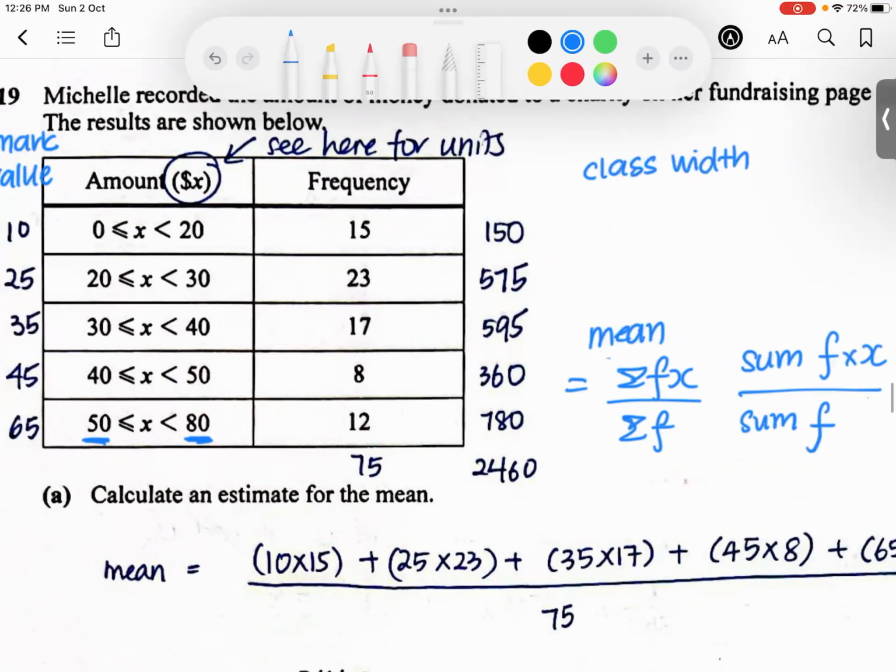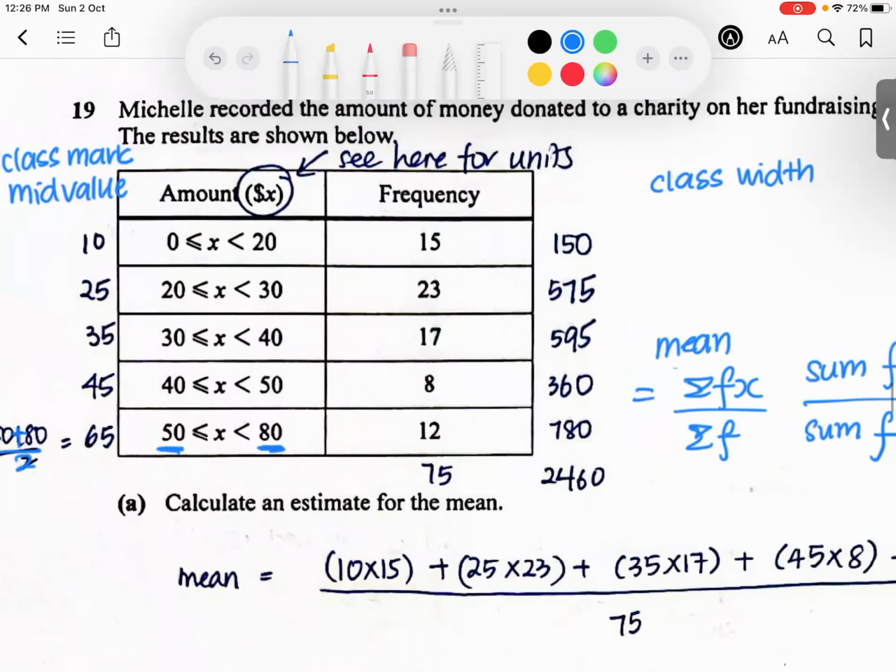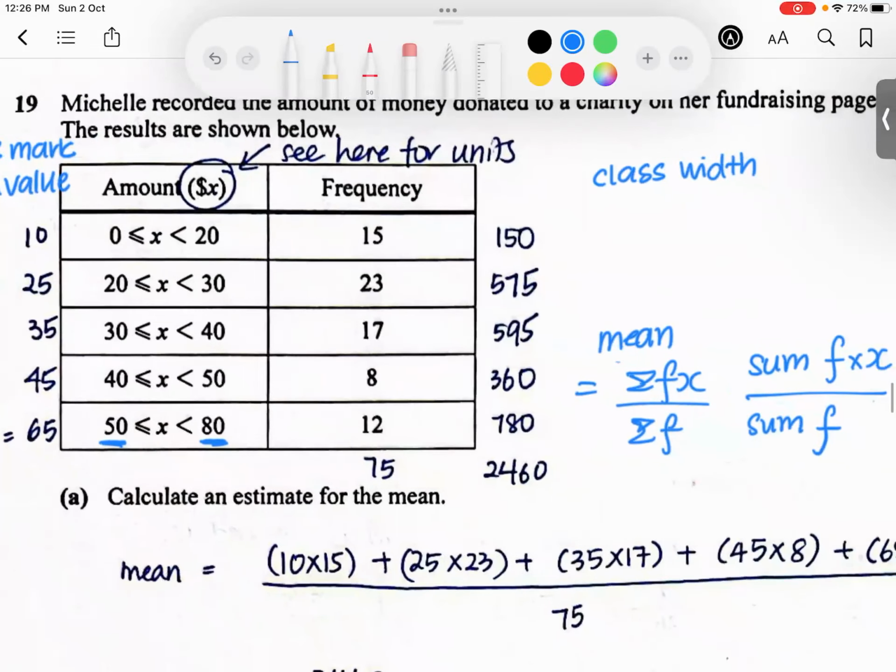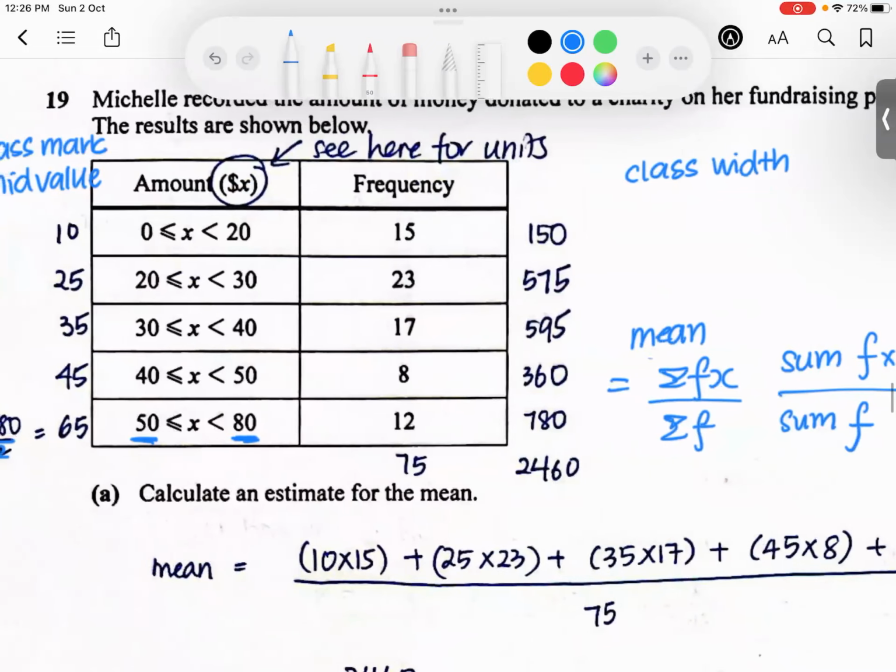So which one is my x value? All these data values are my x value. Which one is my frequency? This one is my frequency. So I add an additional column, frequency times the data value, and I get all these numbers over here.